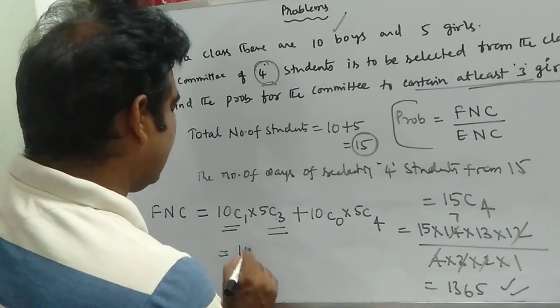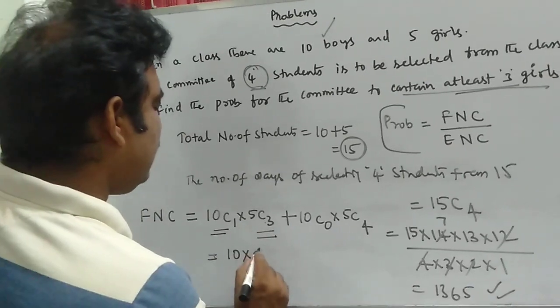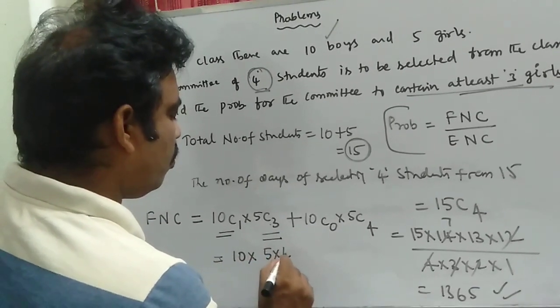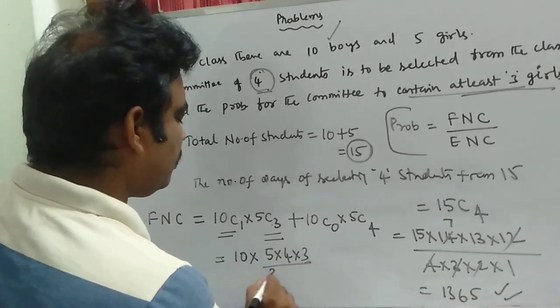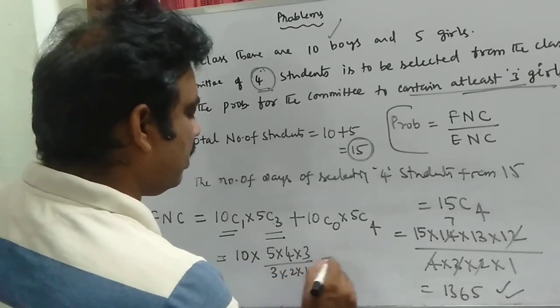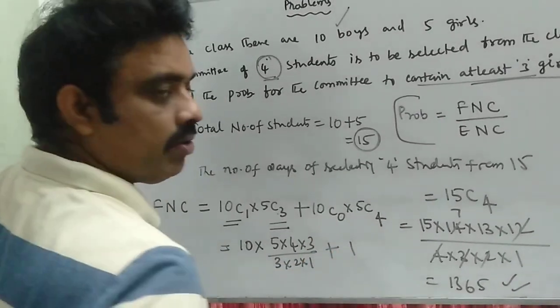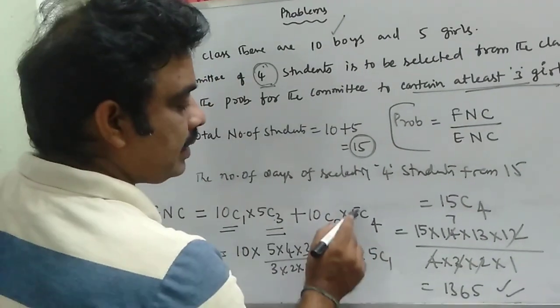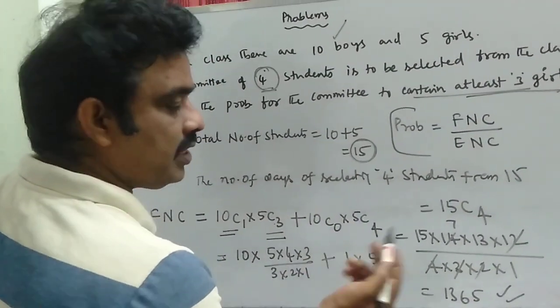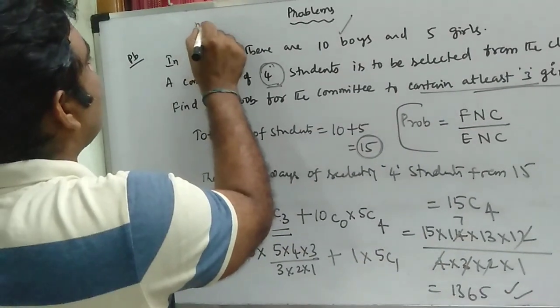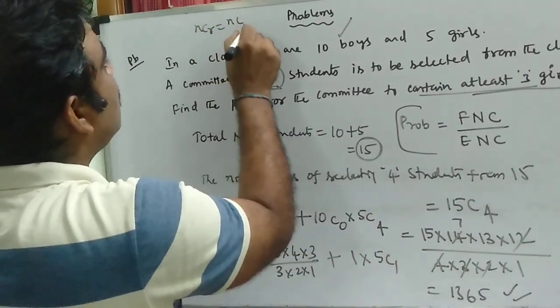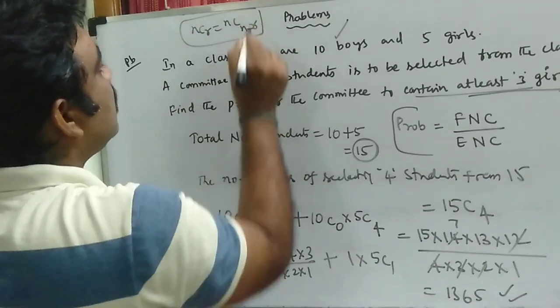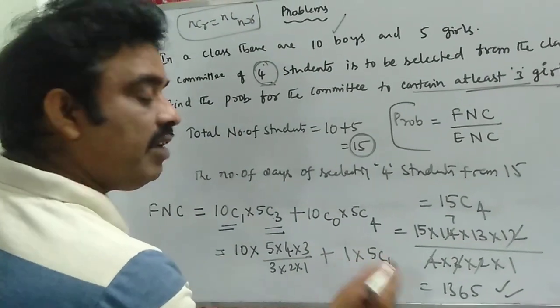So 10C1 is 10. What is 5C3? 5 into 4 into 3 by 3 into 2 into 1, plus 10C0 is 1 and 5C4 is nothing but 5C1. We have the formula nCr is equal to nC(n minus r). So 5C4 can be written as 5C1.